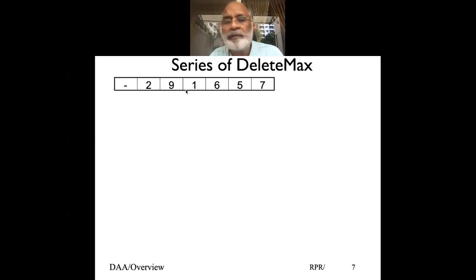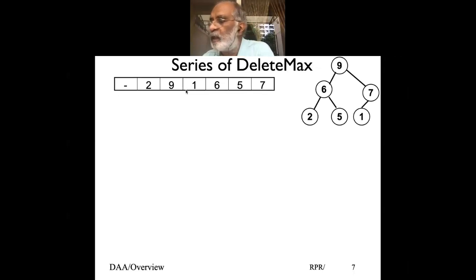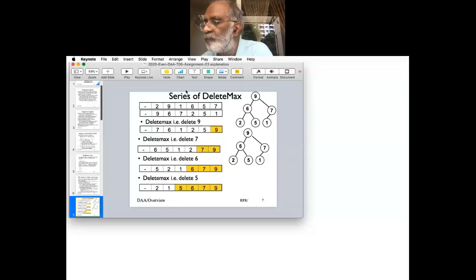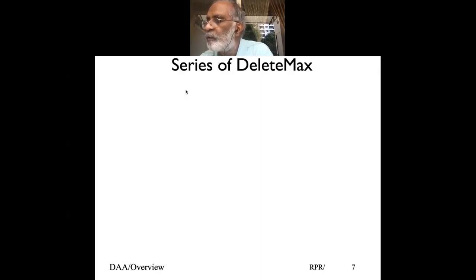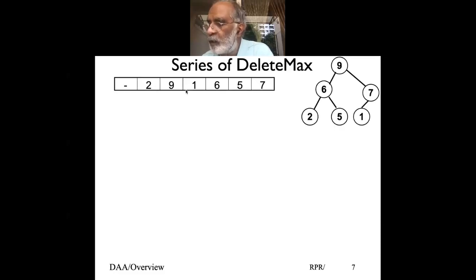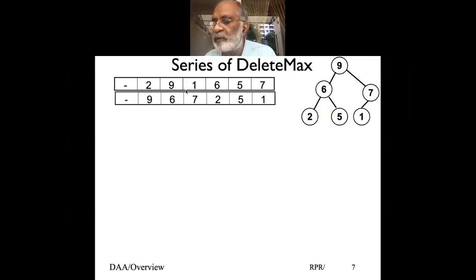If we build a max heap it would look like this. 9 is the root, and then its two children are 6 and 7. 6 is bigger than 2 and 5. The heapify operation will basically give me this. Note this is neither ascending nor descending order, but this indicates a heap.